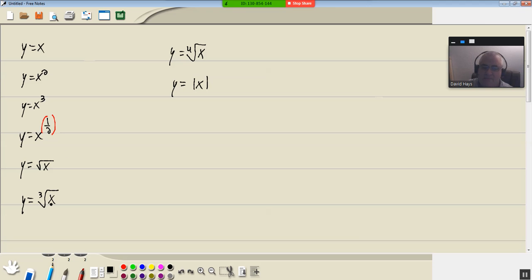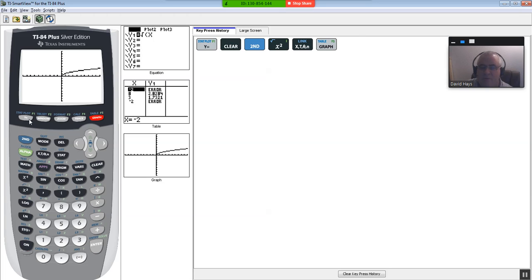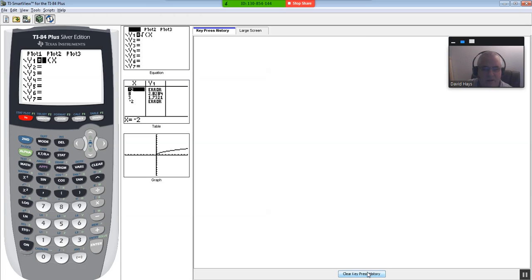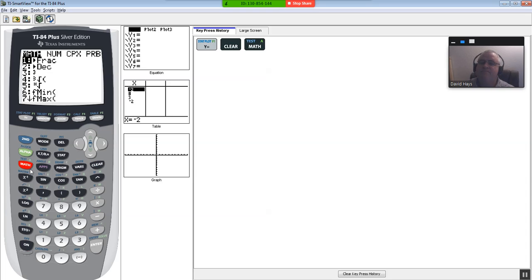Now the cube root of x. I'll press my y equals. Let me actually clear that off. Y equals, clear. Now if you don't see whatever you're choosing on a button or above a button, it'll be underneath the math button for graphing purposes. So if I go into the math, you'll see the cube root is the fourth one.